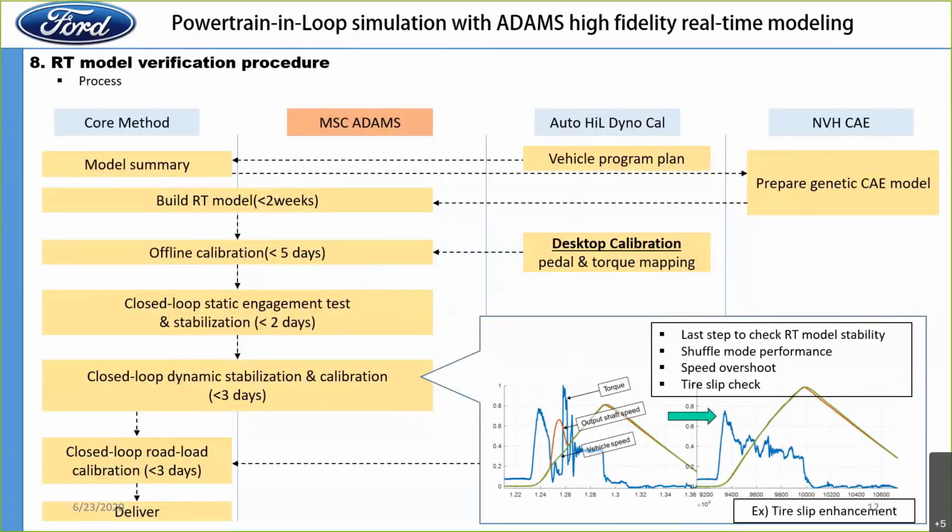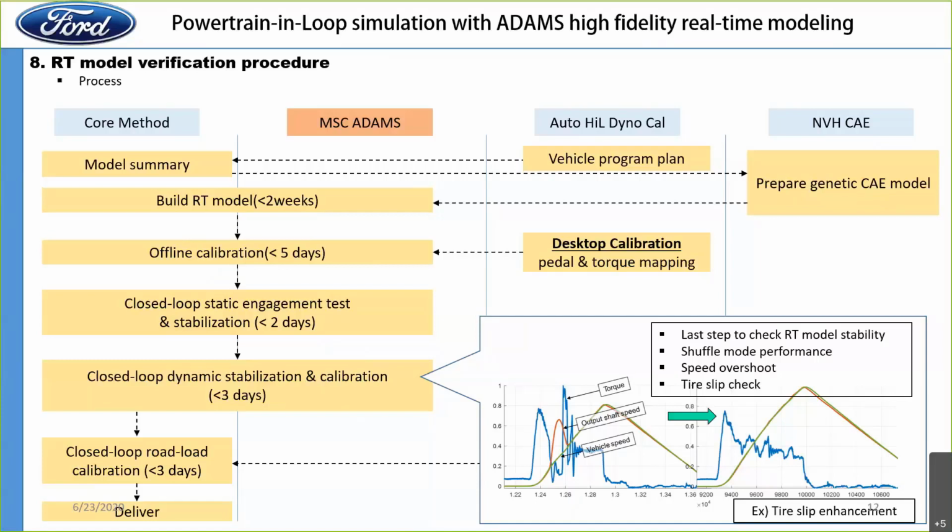There's a process implemented inside Ford for the Adams verification procedure. We start from the model summary, work with the MSC Adams model, and then integrate the Adams model into the test cell.